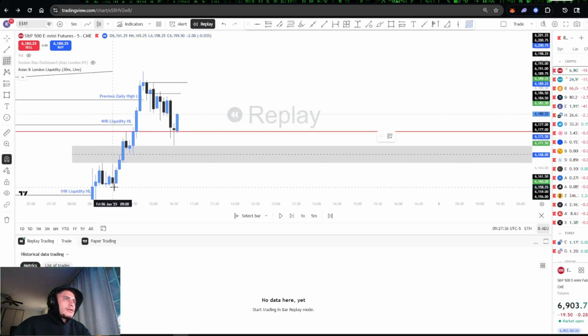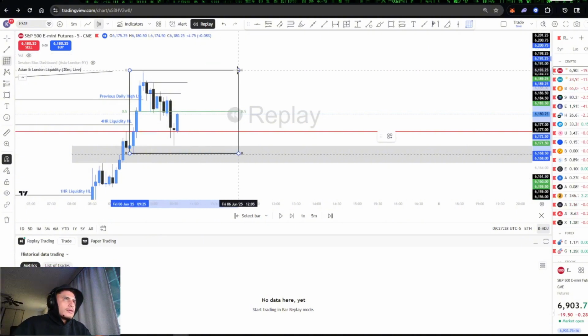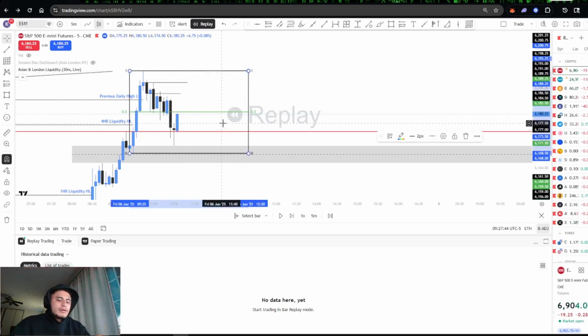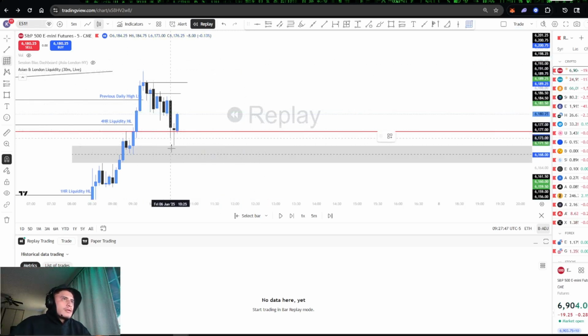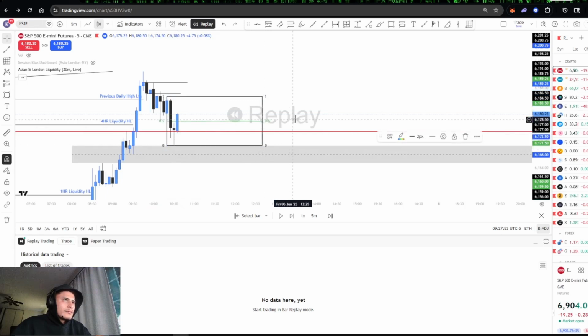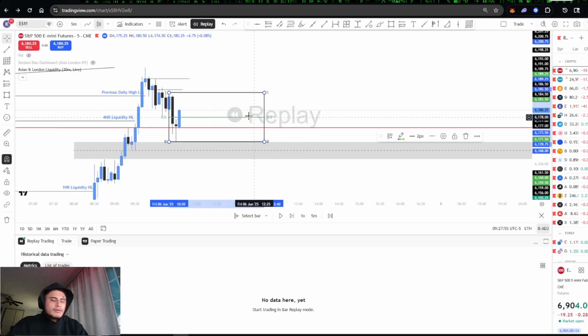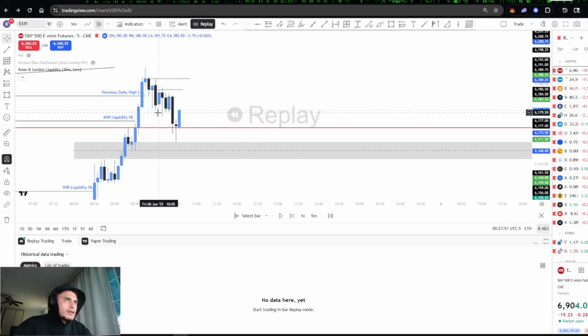So if we would have been playing, entry level would have been up there, but it doesn't really make sense. Lowest to recent highs would be this one. But I want to see a retracement back down to the downside. I don't see any other fair value gap that would retrace it back down.